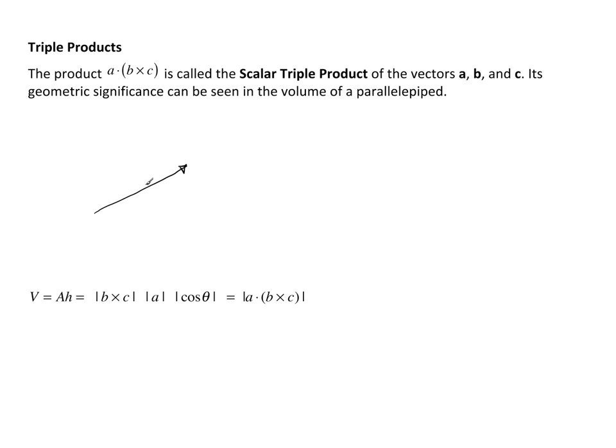If this is, say, vector C, and this is vector B, and then up here I'm going to have vector A. Now, I can draw, based on these three vectors, this geometric figure.